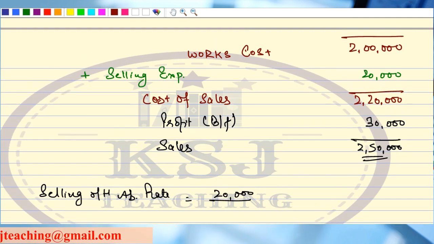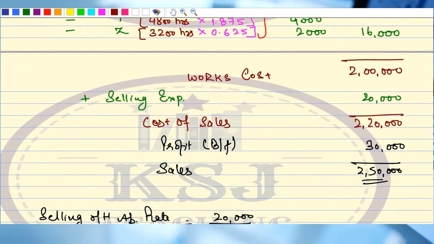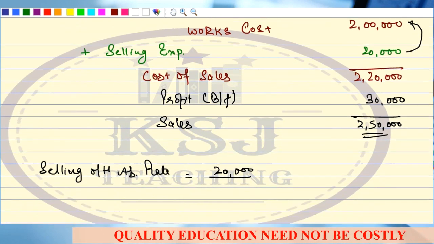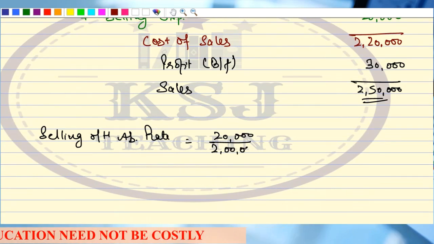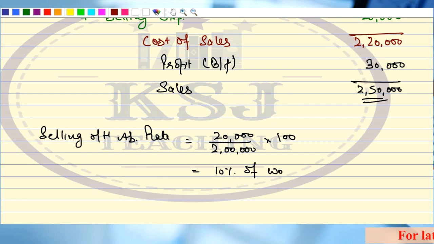Sir, there is no other figure, right? So we can calculate it on the basis of this works cost. If my works cost is 2 lakh, what will be the value of my selling expenses? 20,000, right? So 20,000 divided by 2 lakh multiplied by 100, so that means my selling expenses are 10% of works cost.